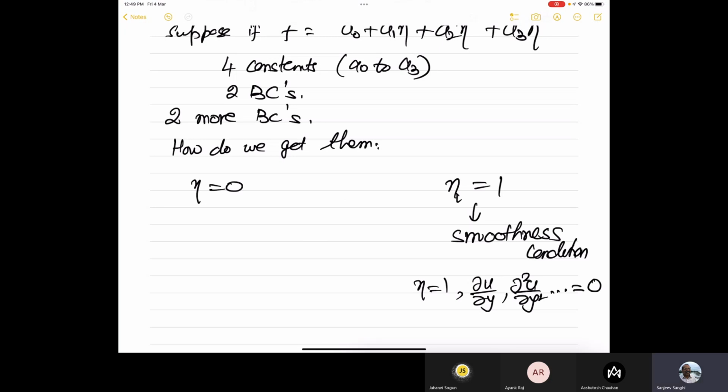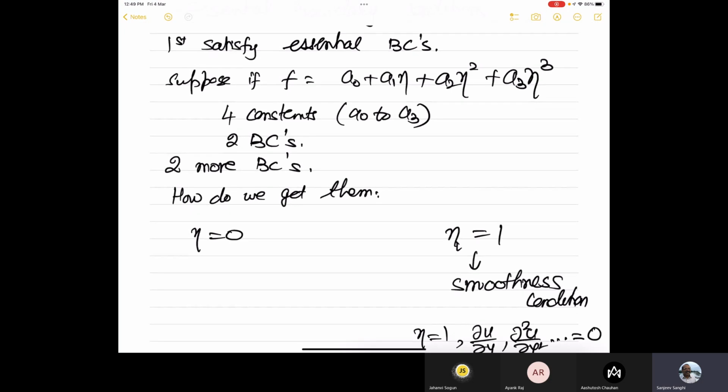This is the smoothness condition. But I have a basic problem with this. If I use all the smoothness boundary conditions, then they will be the same for all types of boundary layers, irrespective of what is capital U of x.